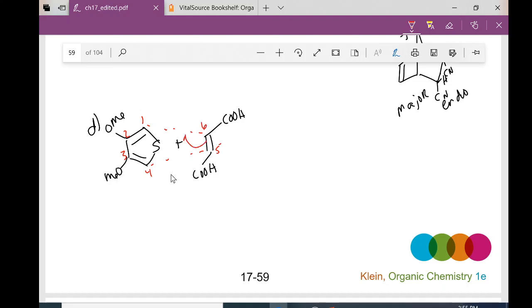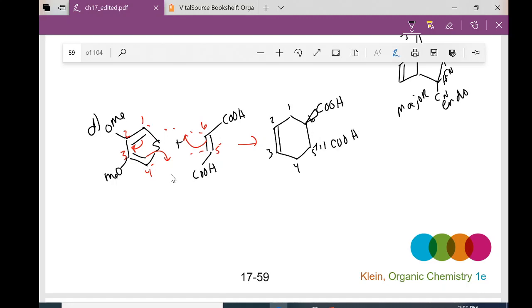I'm going to draw the product in the traditional way. 1, 2, 3, 4, 5, and 6. Our double bond is in the back. And here we have trans substituents.